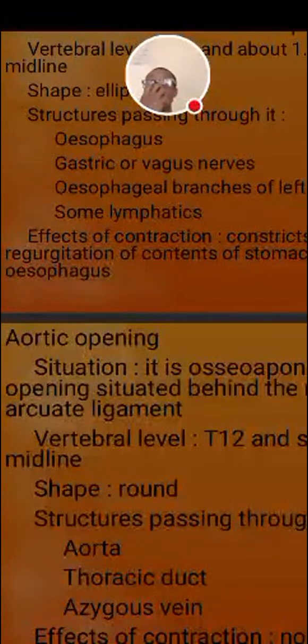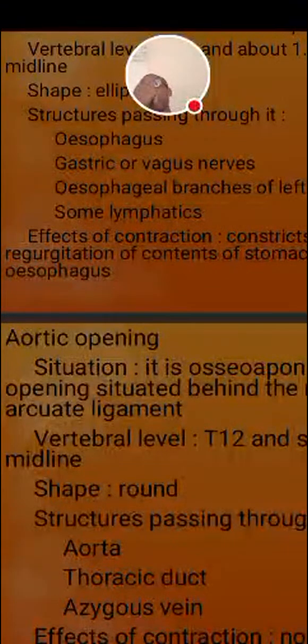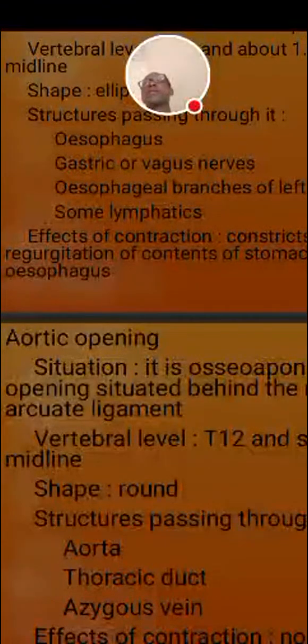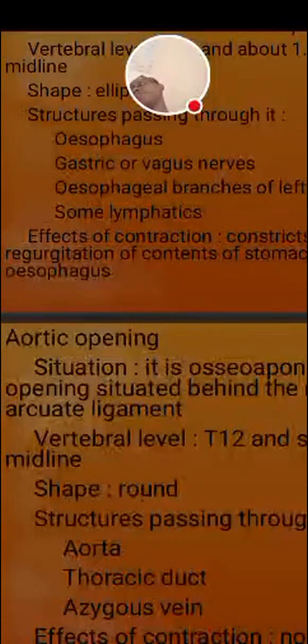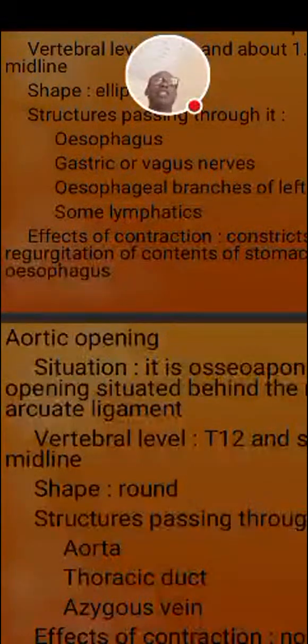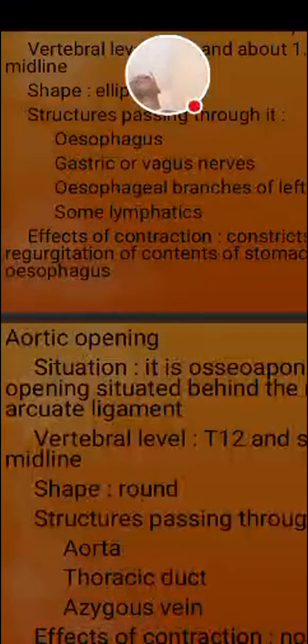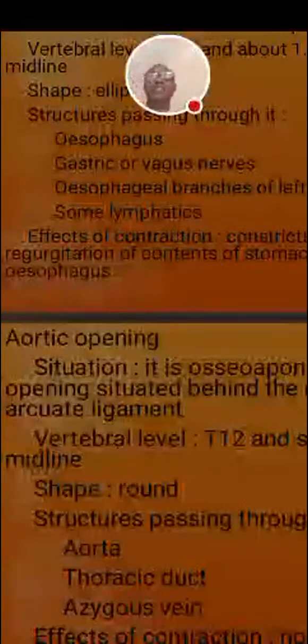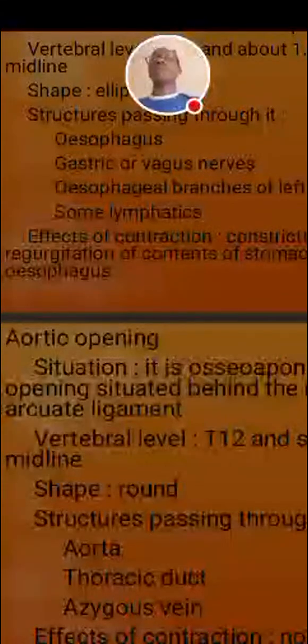Okay. Then PVC, the P there is parturition. The diaphragm helps in giving birth. Okay. And then V there is vomiting. Without the diaphragm, vomiting is not possible.